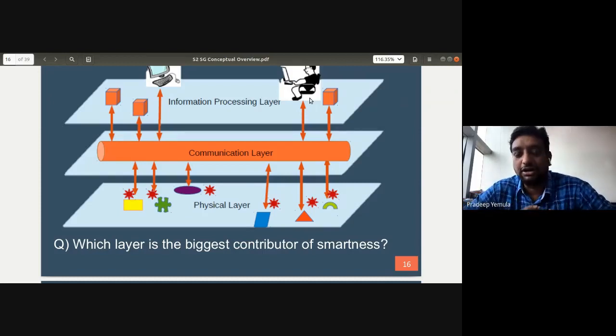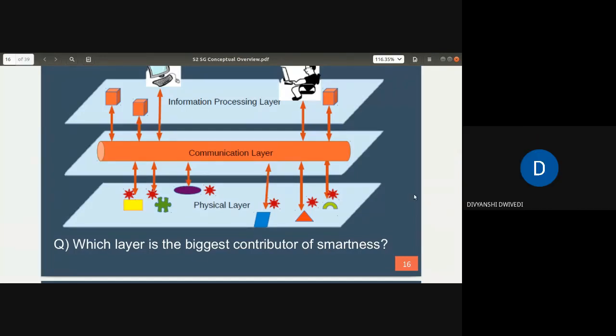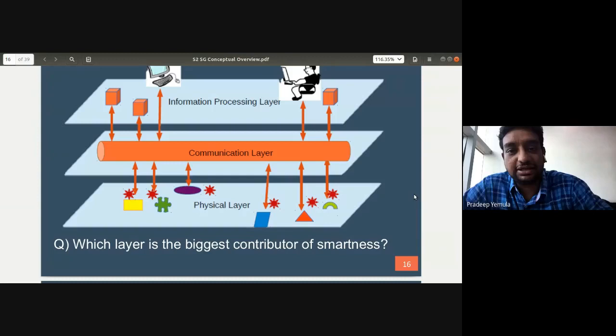Another person is also saying information processing. And there is another answer, communication layer. So different people are answering different layers as the biggest contributors of smartness.